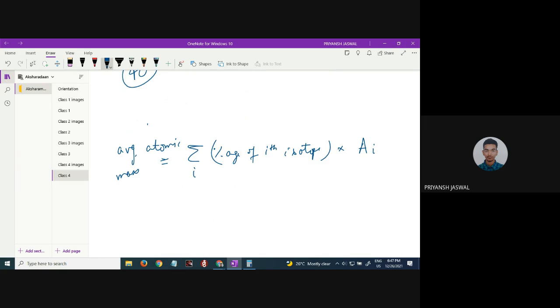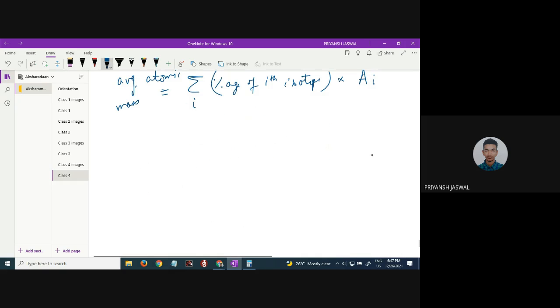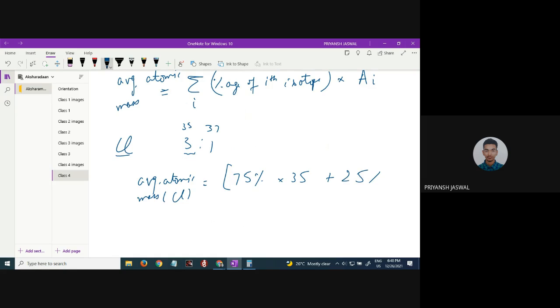For example, let's take chlorine. For chlorine, we have a 3:1 ratio for 17Cl35 and 17Cl37. So the average atomic mass for chlorine: a 3 ratio means 75%. So 75 percent of the mass number 35, plus 25%, that is the 3:1 ratio.